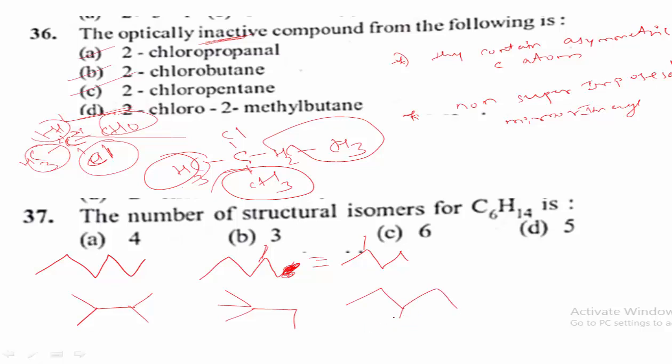Is it right? 1 2 3 4 5 6. Okay, these are how many structures? This one is 1, this one is 2, this one is 3, this one, sorry, this is not, because it is the identical molecule. So 3, 4, 5 isomers of the compound containing molecular formula C6H14.